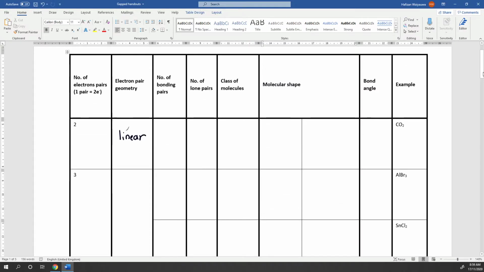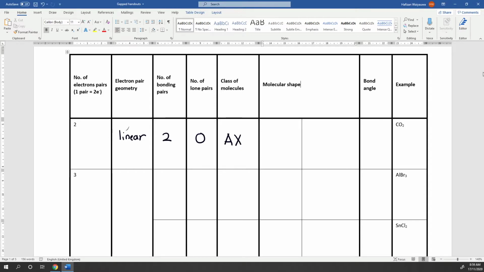Okay, so linear. Kalau number of bonding pairs dia 2 and number of lone pairs dia kosong. Okay, macam mana tu molekul tu? Well, the general formula yang a lot of buku tulis is A for central atom, and then bilangan central atom tu you tak payah tulis because most of the time kita ada satu je central atom, and then X as the terminal atom.